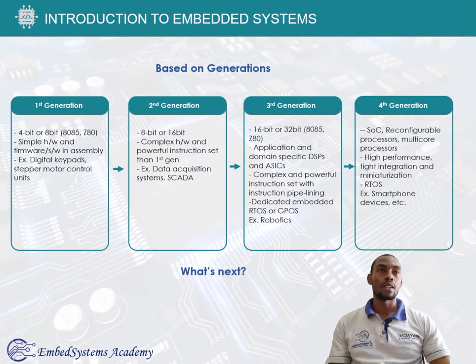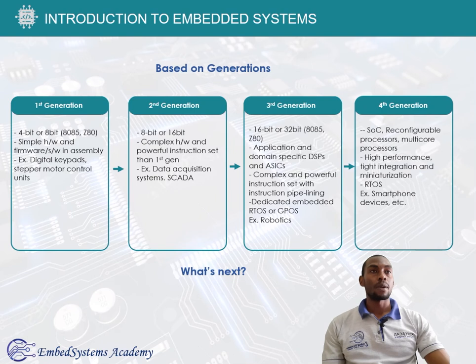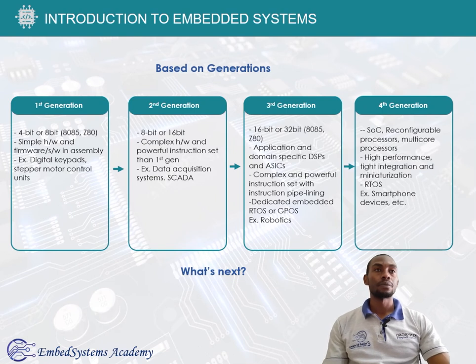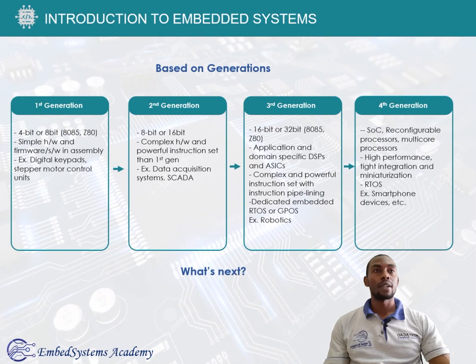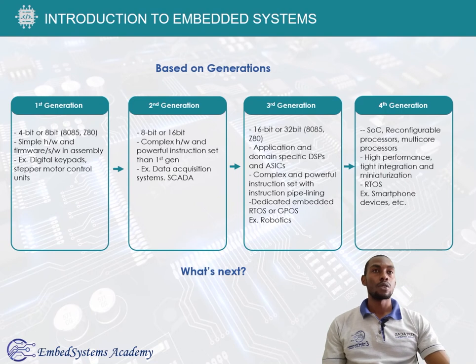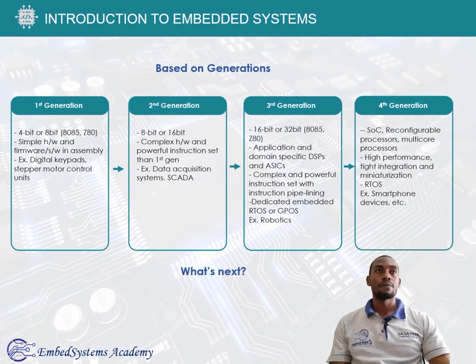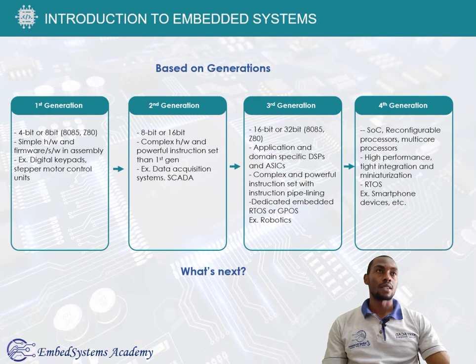Of course, maybe I give you this as an assignment to find out what pipelining is. They also have dedicated embedded real-time operating systems or general purpose operating systems. An example is robotics. When you see robotics, those are third generation embedded systems.